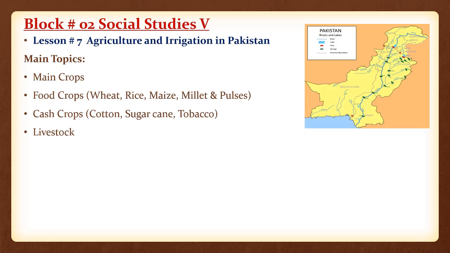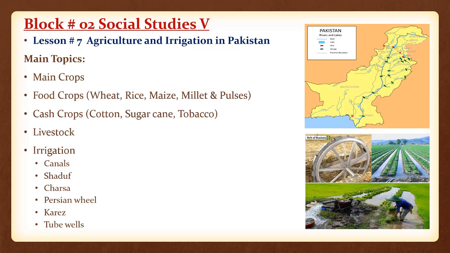A detailed study will be made to learn food crops like wheat, rice, maize, millet, and pulses, and cash crops like cotton, sugar cane, tobacco. Livestock is another interesting topic. Irrigation is an important topic of the chapter. Students will understand the meaning of the term irrigation, and then there will be sessions to learn different means of irrigation like canals, shaduf, jarsa, Persian wheel, karez, tube wells.